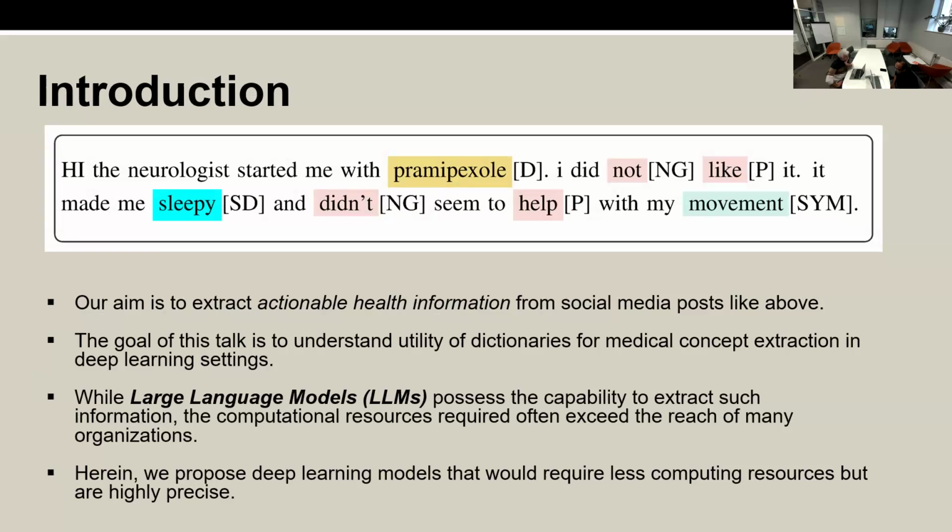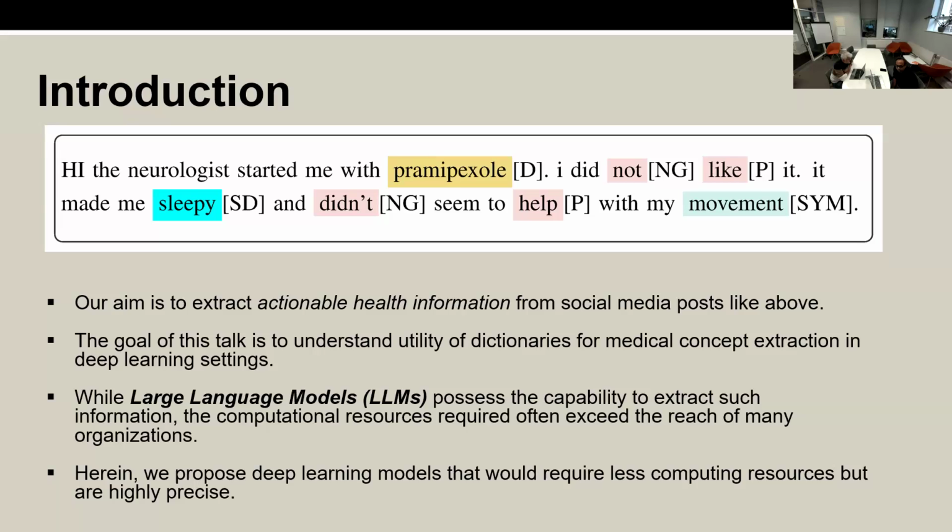So my main aim during my PhD was to extract actionable health information from social media posts, as shown at the top portion of the screen. I'll just read it to start with. Hi, the neurologist started me with pramipexole. Probably that is not the right spelling of the drug, and the bracket D means it is the drug.